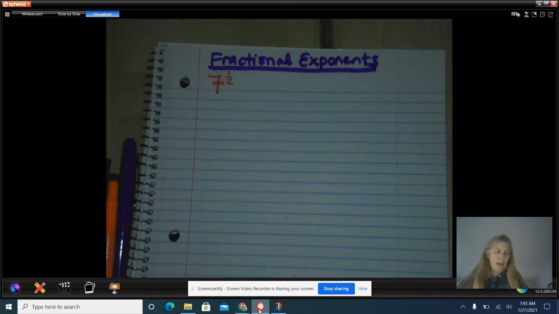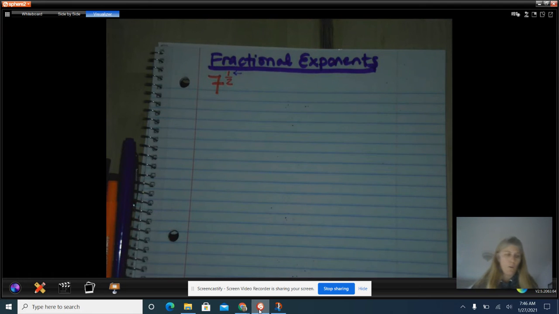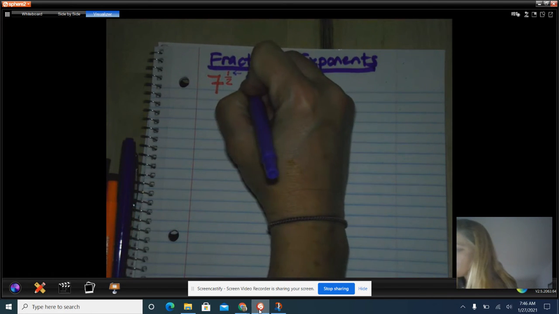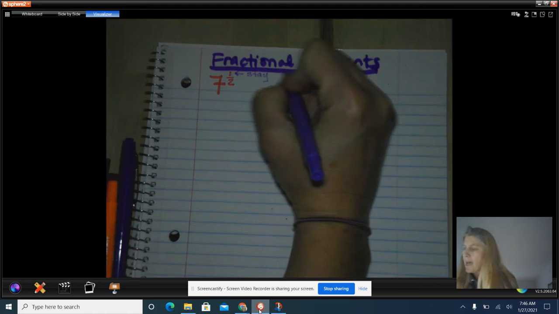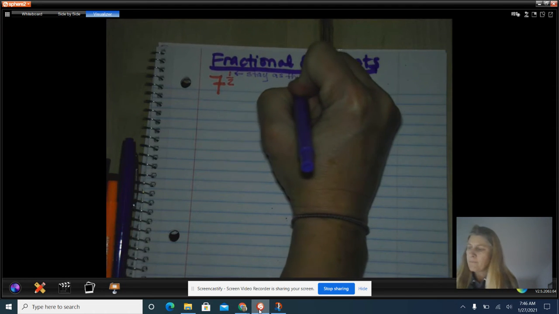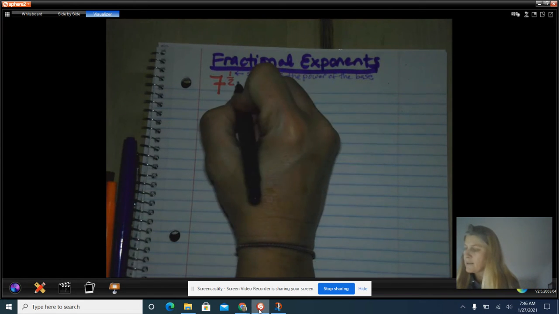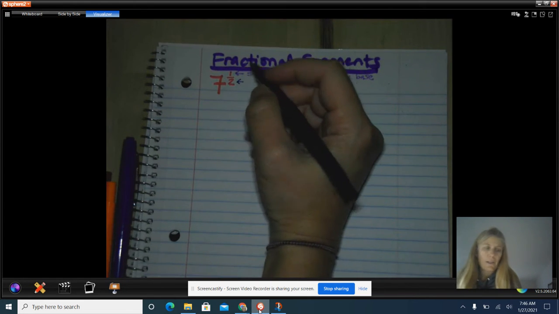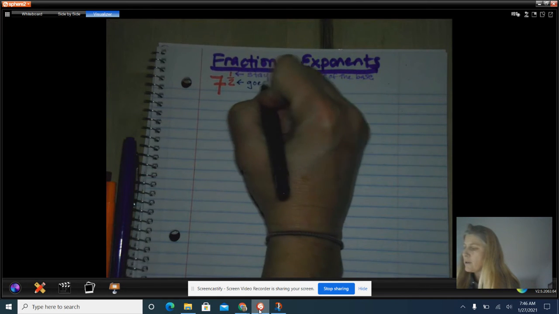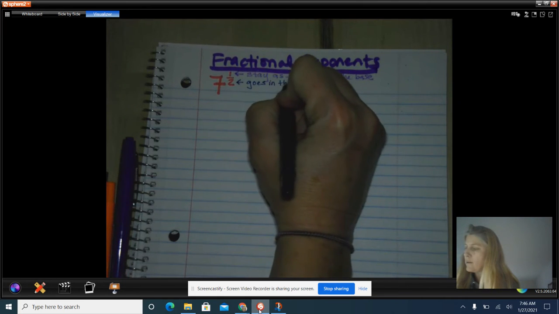at these different numbers. So our numerator, in this case our 1, is going to stay as the power of the base. Okay. And our denominator, in this case a 2, is going to go in the crook of the radical.